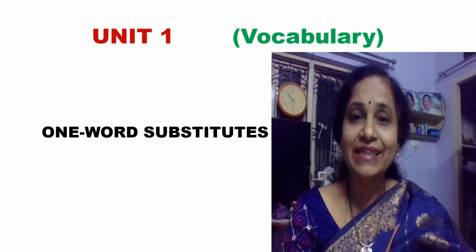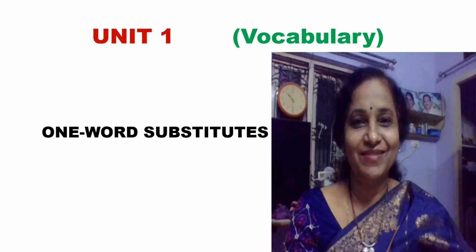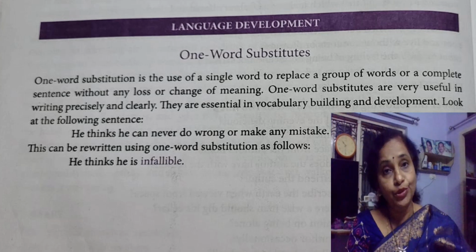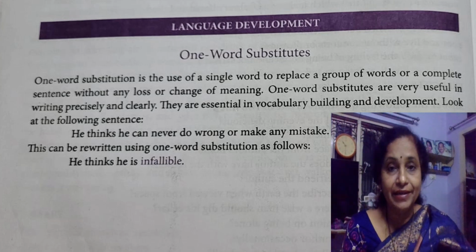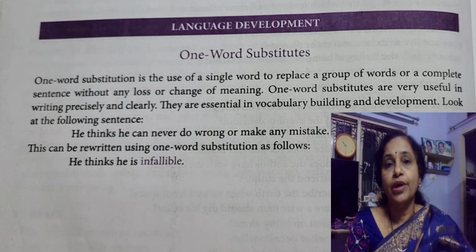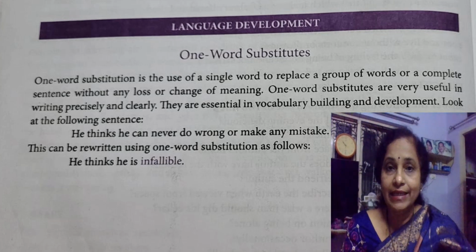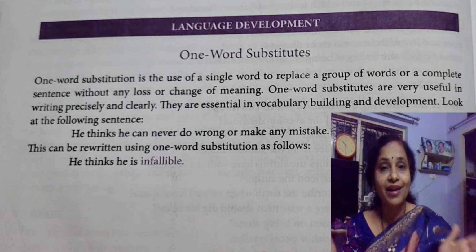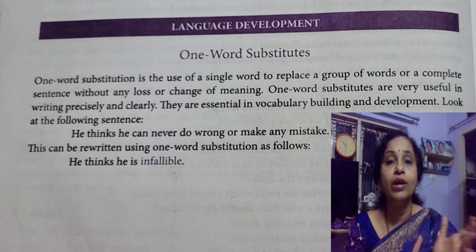So now let us understand why these one word substitutes are important. One word substitution is used in place of a group of words or a sentence so that you are able to write it precisely and concisely, that means without affecting the meaning. Instead of beating around the bush, some people have the habit of talking for a longer period.